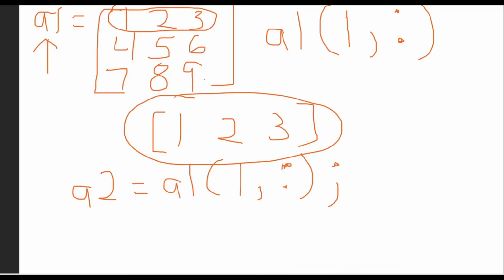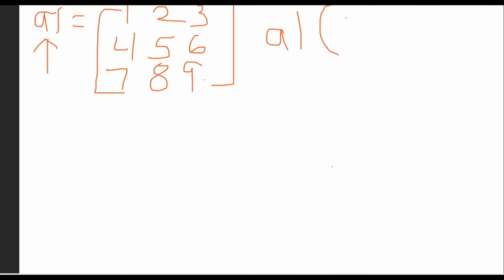Okay, so let's continue with another example. We'll use the same matrix. So what if I wanted this matrix here? I want 1, 2, 4, 5, 7, 8. So what I need to do first is, how many rows am I getting here?